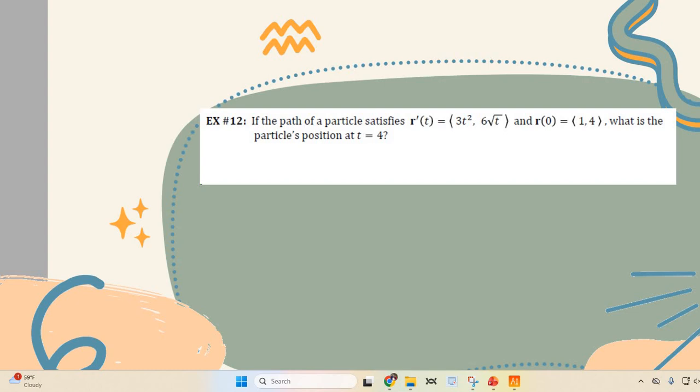Hopefully. Alright, if the path of a particle satisfies that the derivative of r equals 3t squared minus 6 square root of t, and we have the initial condition that r of 0 equals 1, 4, what is the particle's position at t equals 4?